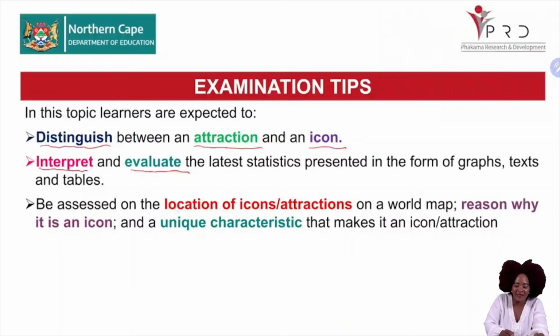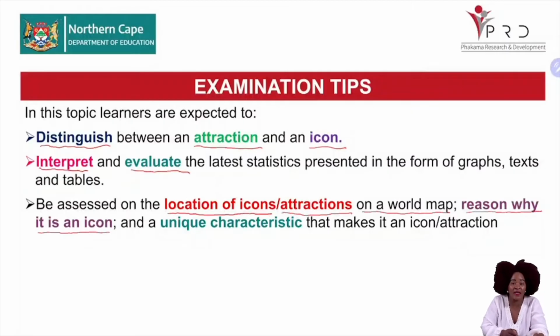So we need to check the latest statistics pertaining to these icons. You will be assessed on the location of icons or attractions on a world map, meaning that you must also be able to identify these world famous icons from the world map. You must also know the reasons why each icon is an icon in the first place.